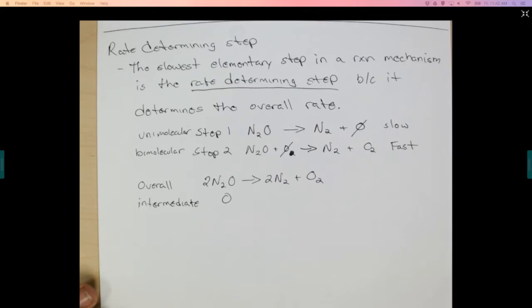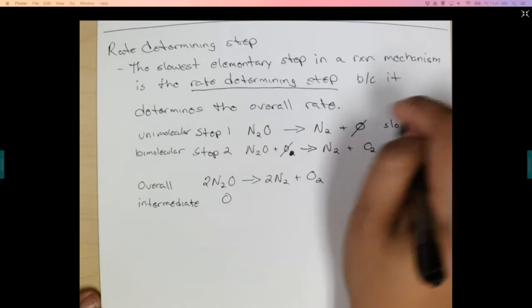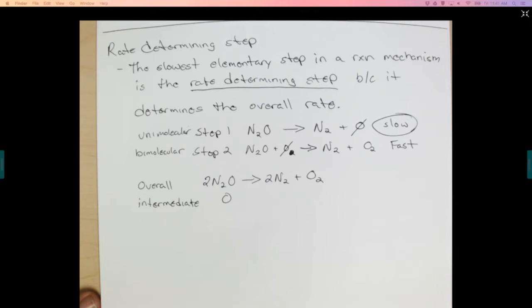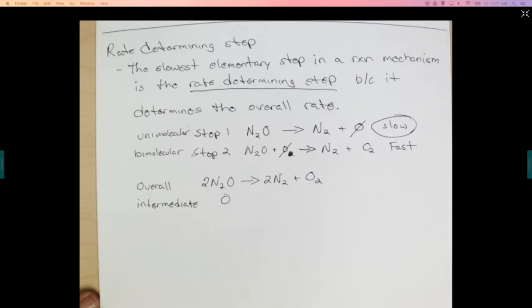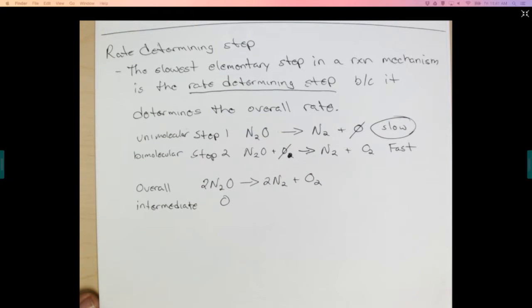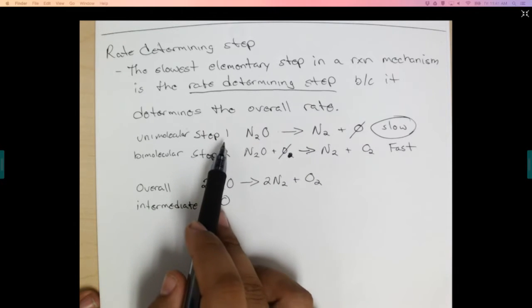Now, when we are dealing with slow versus fast, this is where it should come into play: the determination of the rate determining step will always be based on the slowest elementary step. In this case, and in what you need to know, for slow determining steps that happen to be the first step, you need to be able to derive the rate law based upon step 1.